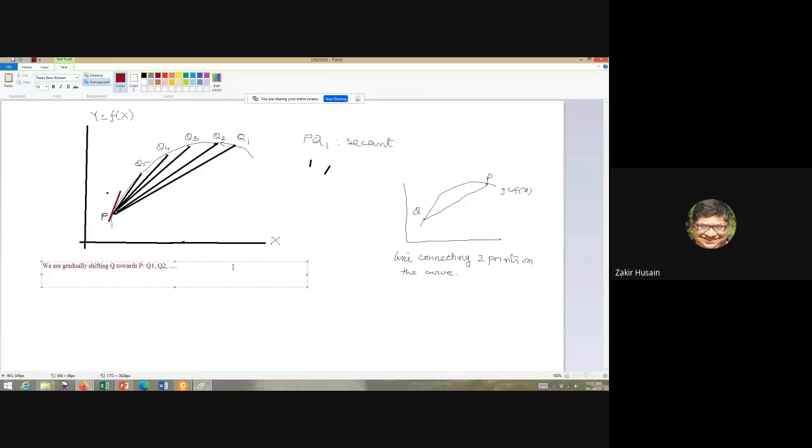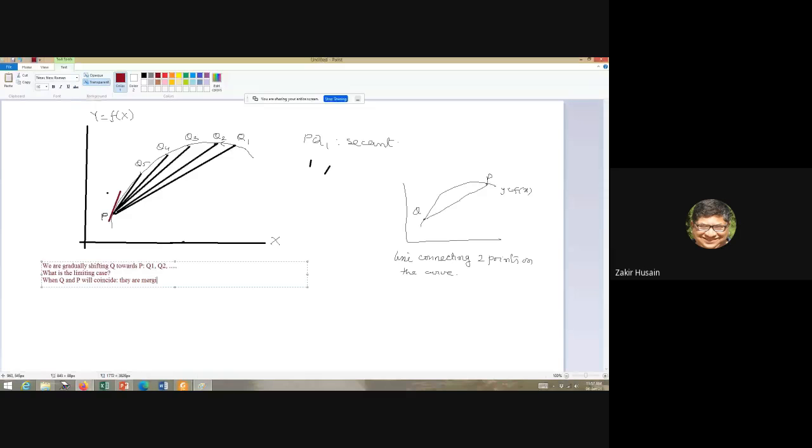So we are gradually shifting Q towards P. So what is the limiting case? The limiting case is when Q and P will coincide, that is, they are merging.